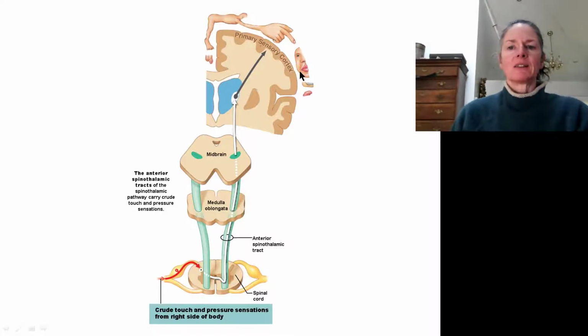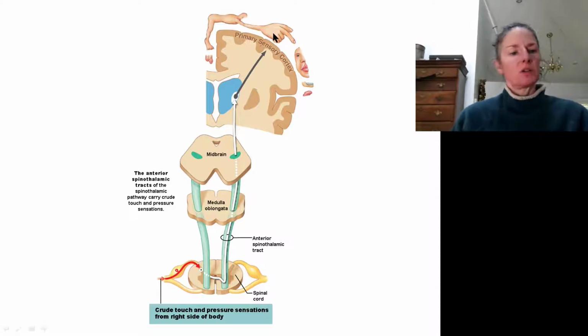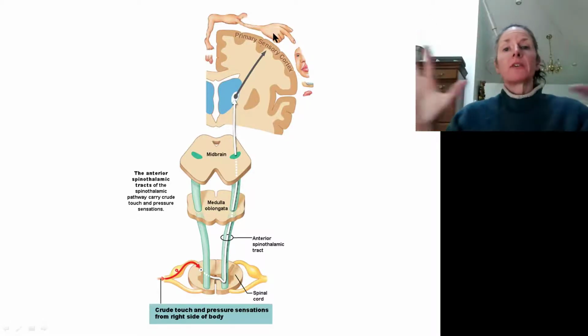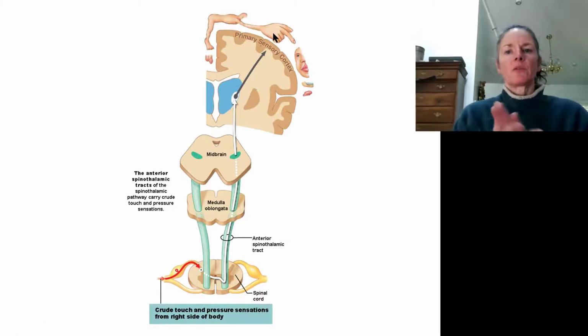So that here on the lateral side, we can see we have representation of face, lips, jaw, tongue here. Here's the hand. So a lot of this cortex is dedicated to hands. And you can understand why, because we do a lot of our interface with our environment with our hands. So this is going to have a lot of sensory information. This is where our receptive fields will be very, very small and very densely packed together.